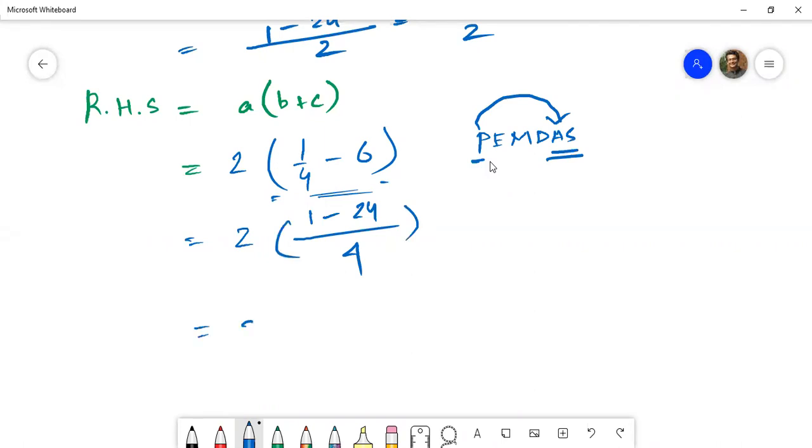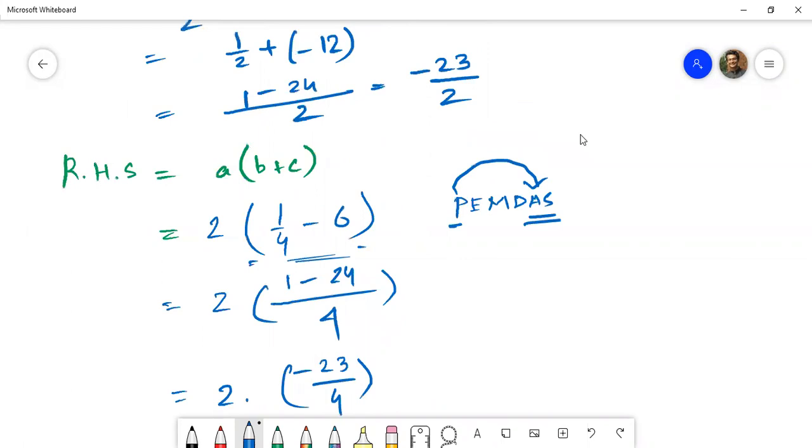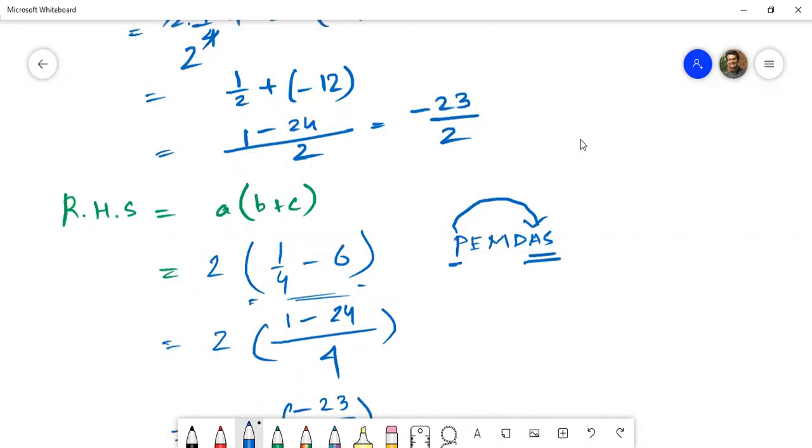And you get 2 multiplied by negative 23 divided by 4. You divide both sides by 2, you get negative 23 by 2. This is the simplification. So as you can see, the right-hand side matches the left-hand side, so we verified it.